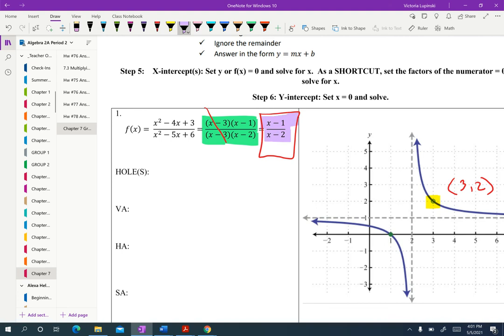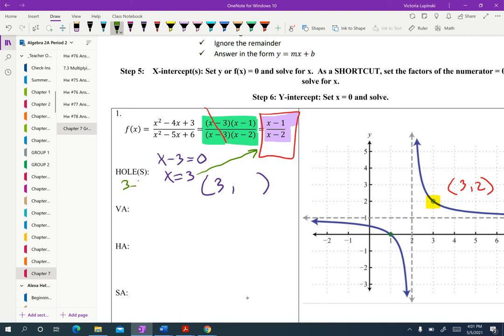In order to actually find the hole, you have to find the ordered pair x comma y, and here's how you do so. Whatever factor you canceled out, which in this case was x minus 3, you would set it equal to 0. Whatever that value of x would be is the x coordinate of your hole. So we would know that it's at 3 comma something. In order to find that something, you would plug the 3 in for all the x's in the reduced form.